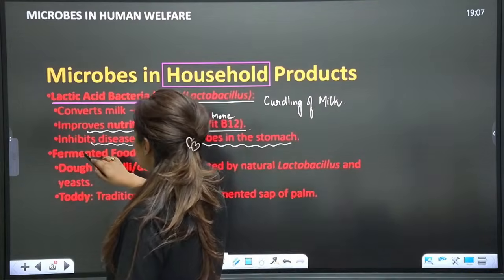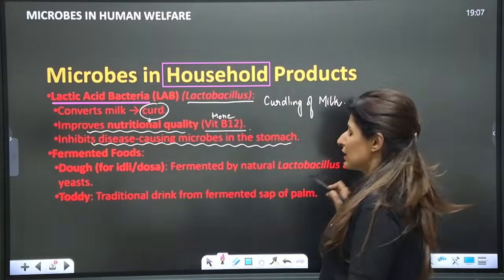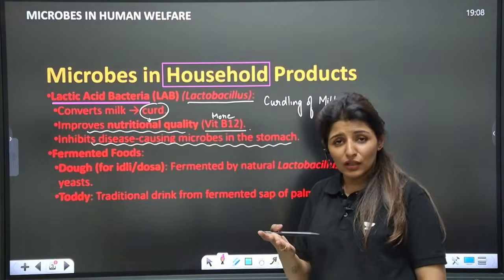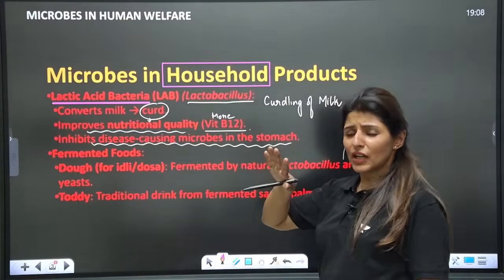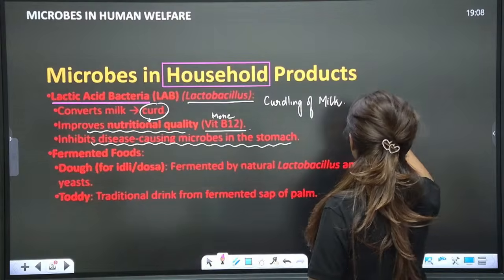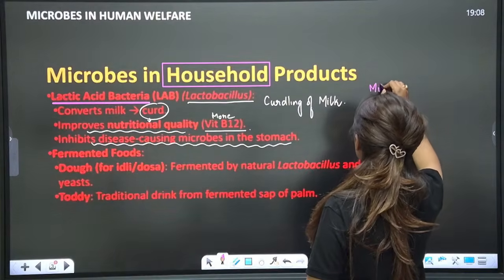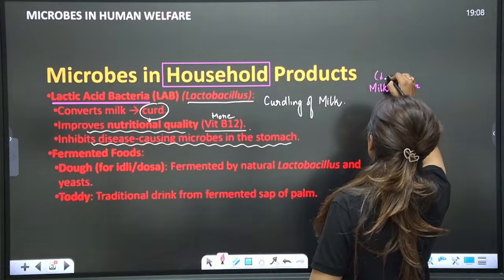So what is Lactobacillus doing? All these good bacteria and good microorganisms that we are going to study in this chapter are sources of some enzymes. For example, this Lactobacillus: milk has a sugar known as lactose.